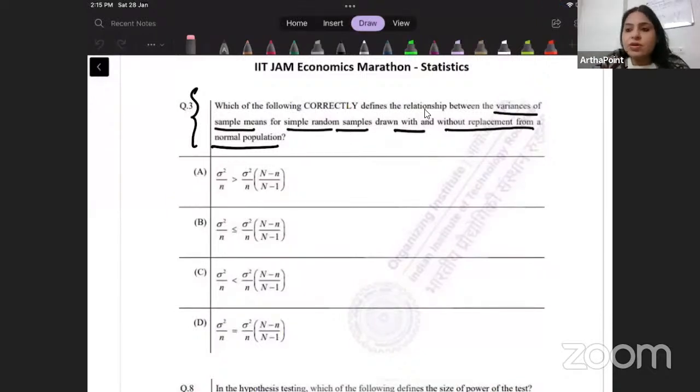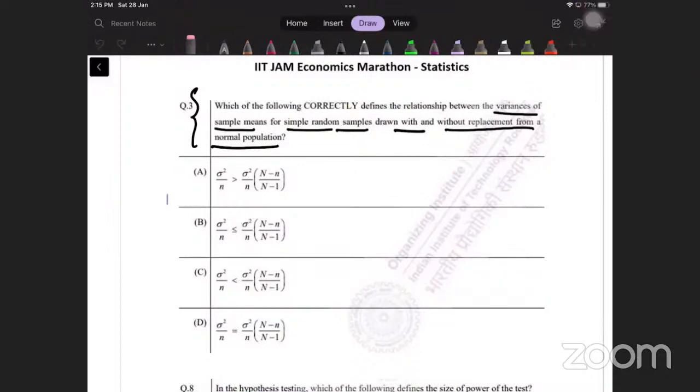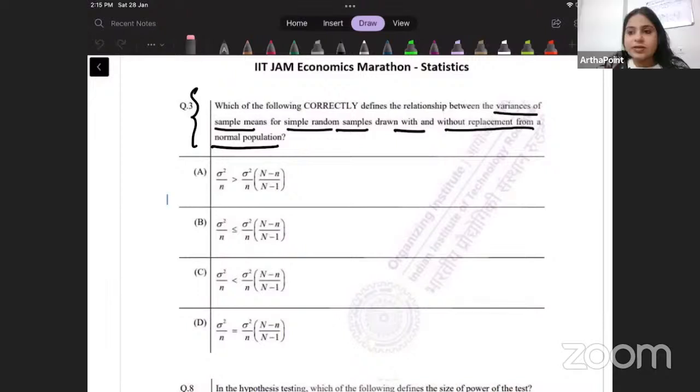Okay, so we will look at the statistics question in this video, and we will see why it is important to see the formula as well, and how IIT has been focusing a lot on the formulas aspect. To begin with, let us look at the first question.